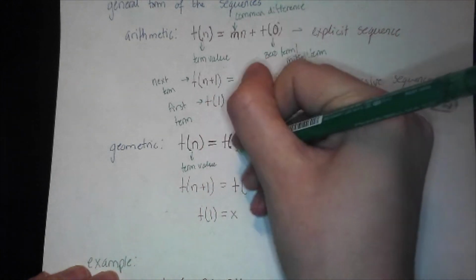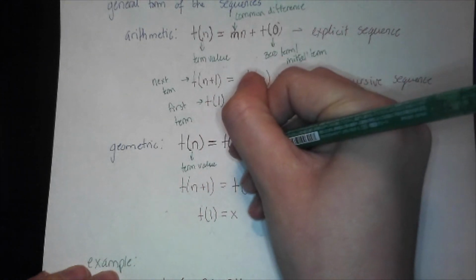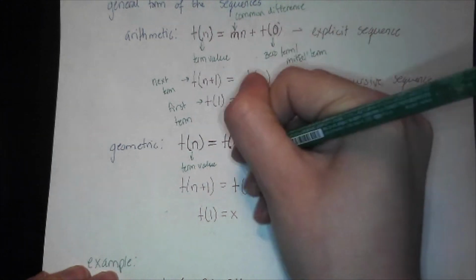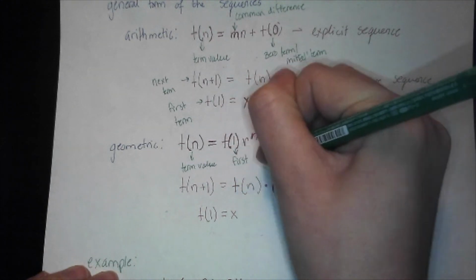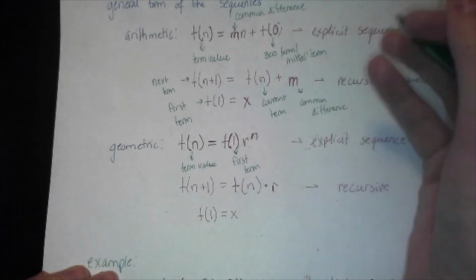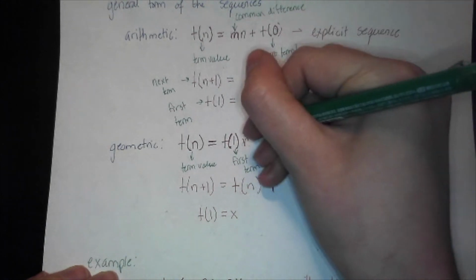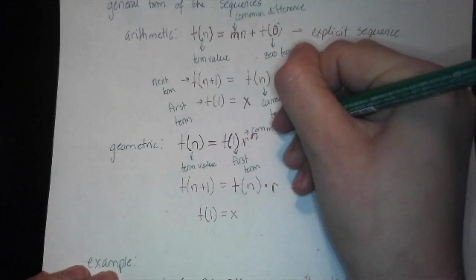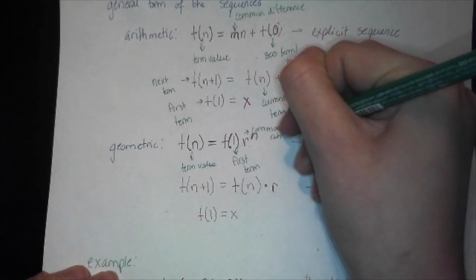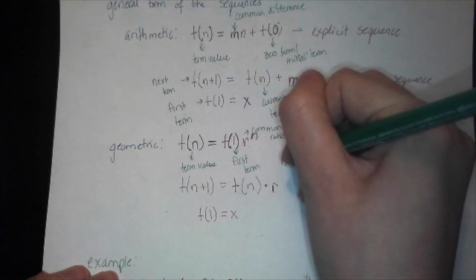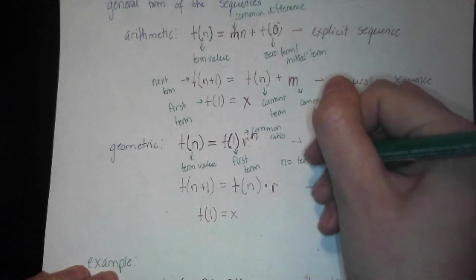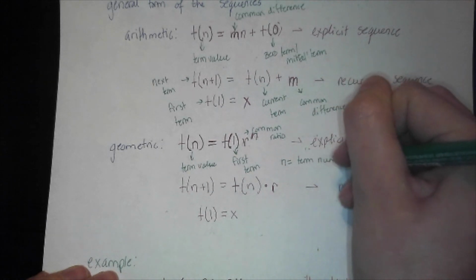So there are some commonalities between this and the arithmetic sequence. T of 1 is our first term. So it would be whatever our first term equals. R is our common ratio. And then n is our term number.